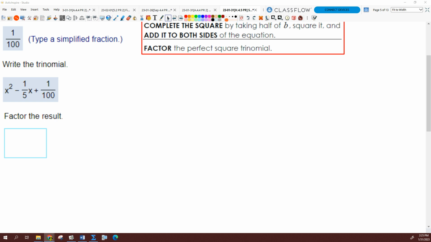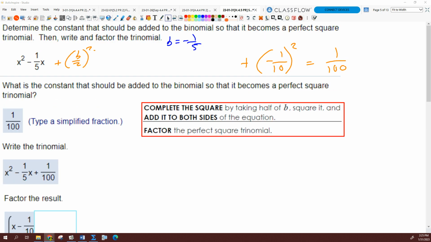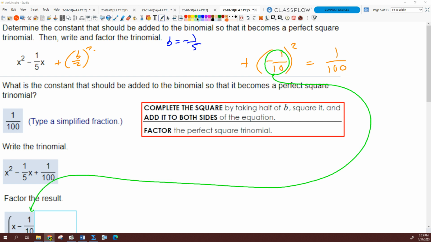It's always going to be x plus half of b, quantity squared. Half of b is negative 1/10, right? Whatever this number was that we squared, that's always the number that gets combined with x inside the factor. It's always the magic number that shows up twice, okay?